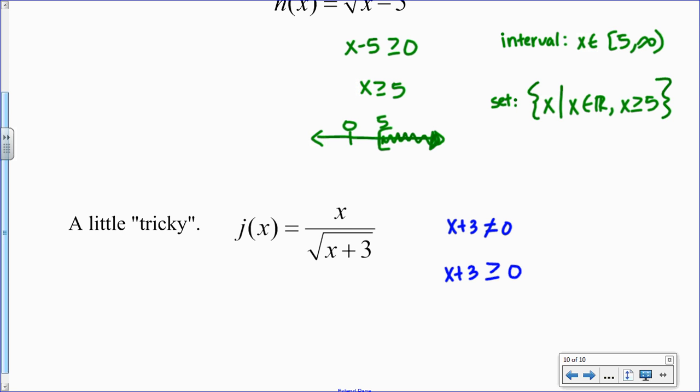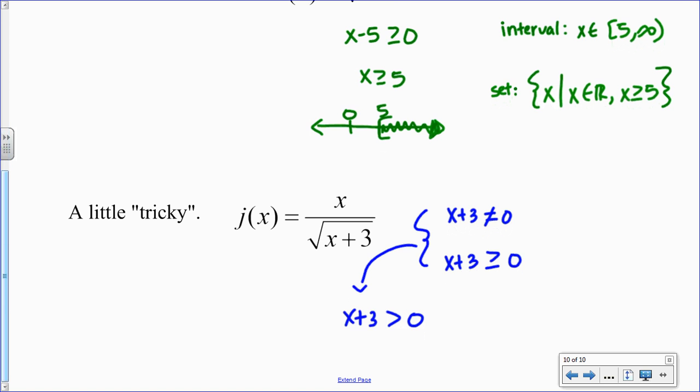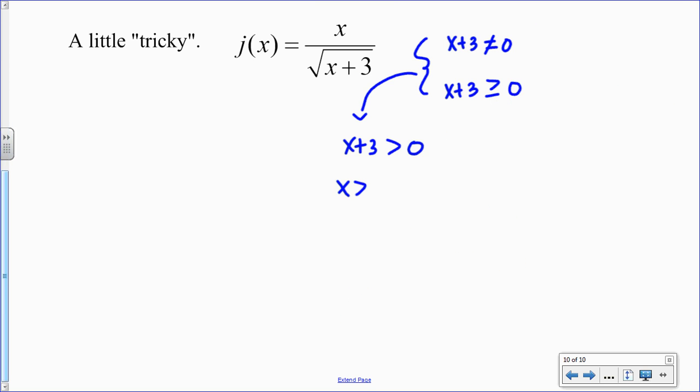So I want to combine those together. So I'm going to say that x plus 3 is just greater than 0. I'm going to take off the equal to part because it can't equal 0 since it's now in the denominator. Do you see that? Okay, so that tells me then that x must be greater than -3.